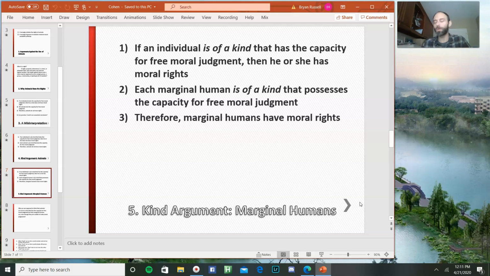I think he has throughout this paper the kind that he's speaking of is species membership. So since marginal human beings are members of a kind, human beings, and that kind has the capacity for free moral judgment, then he or she has moral rights.